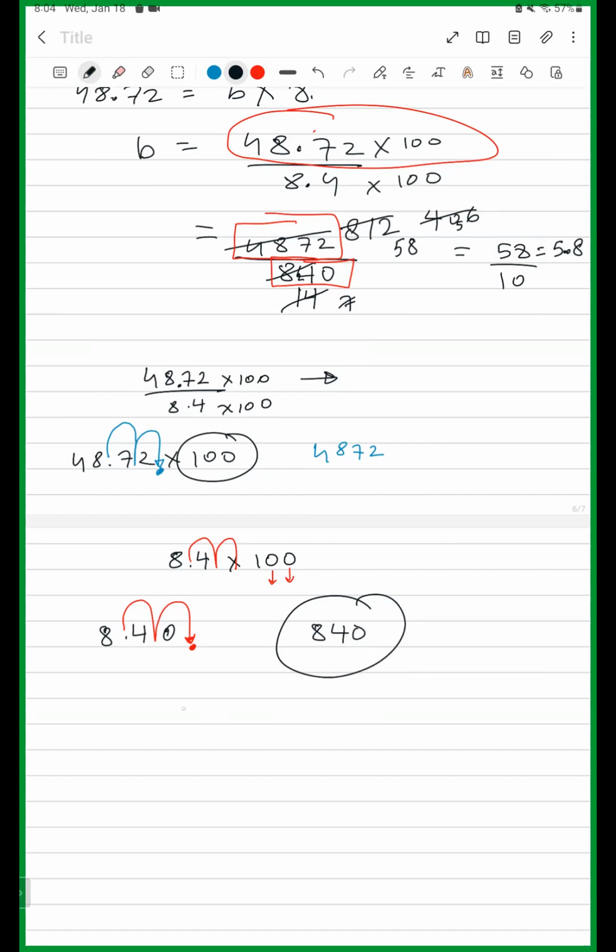Yeah, we will get 84. But okay, let's see what will happen if we multiply both of them with 10. On top, what will you get? Tell me. 487.2. And at the bottom you will get 84.